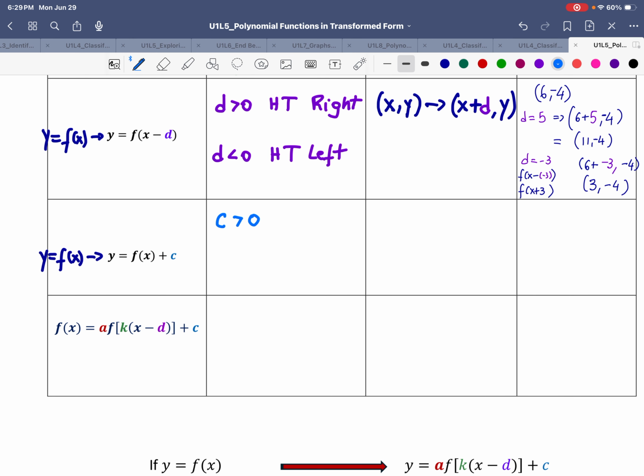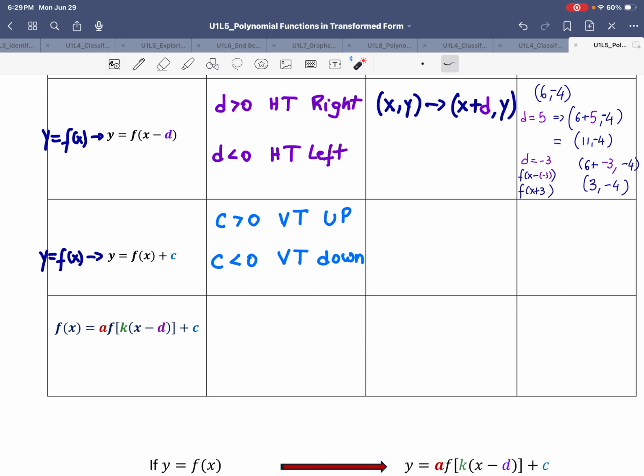That will cause a vertical translation, c units up. And if c happens to be negative, that will cause a vertical translation of c units down. It's a pure translation because we are adding a number. So addition and subtraction assume translations, multiplications are stretches, so expansions or compressions.